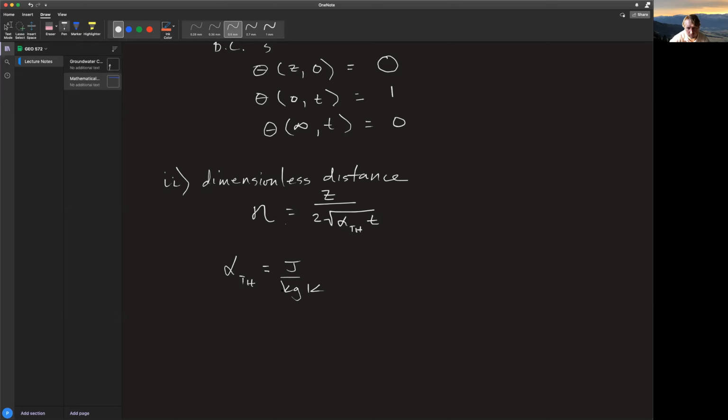All right. So joules per kilogram Kelvin divided by kilogram per meter cubed.